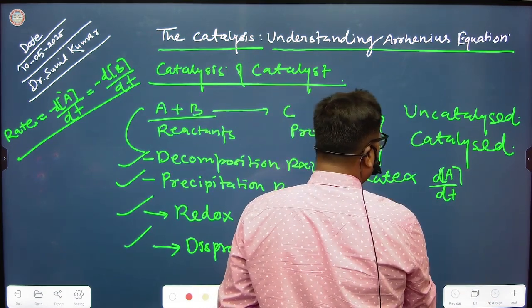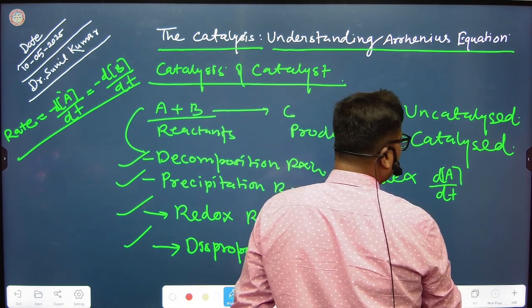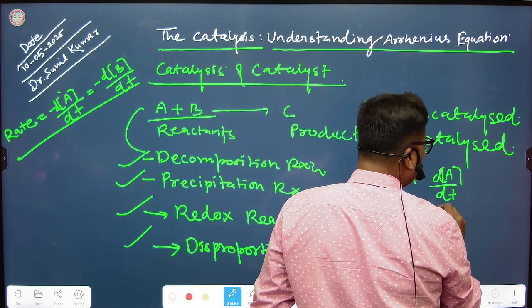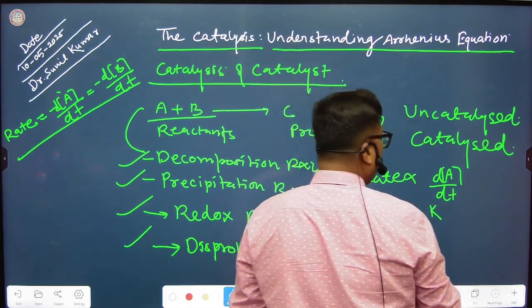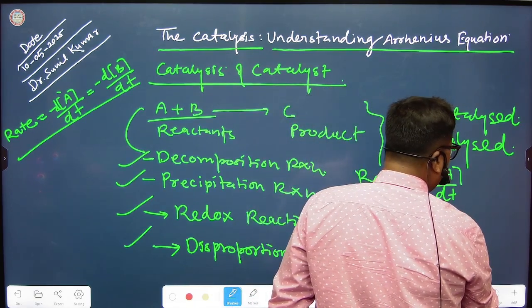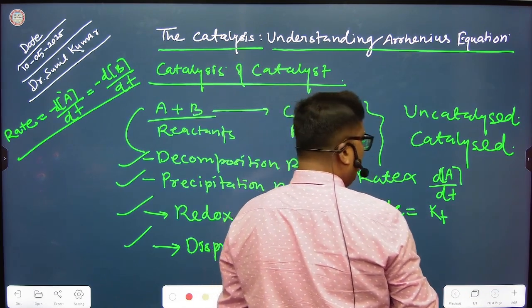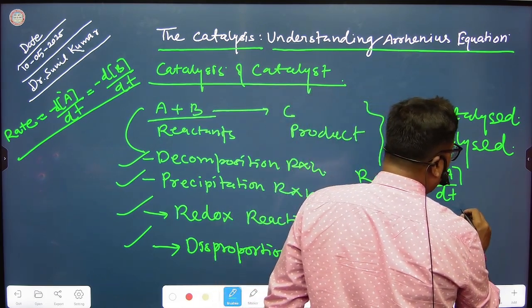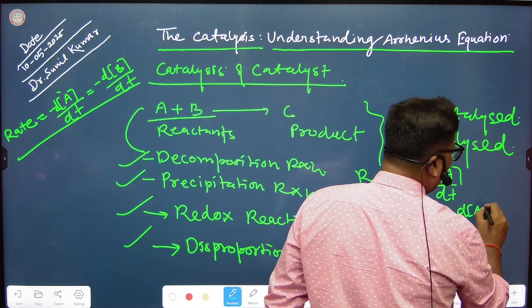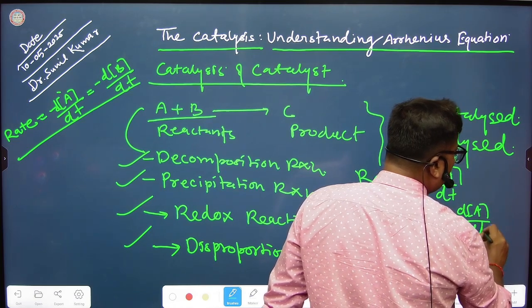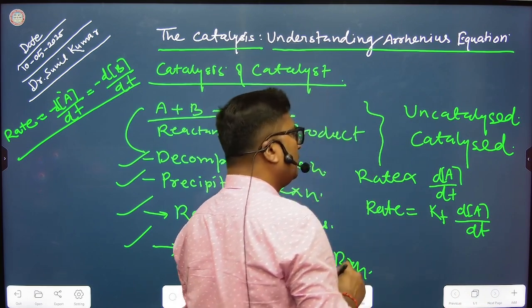So the rate of the reaction will be Kf, the rate constant, multiplied by dA upon dt, right?